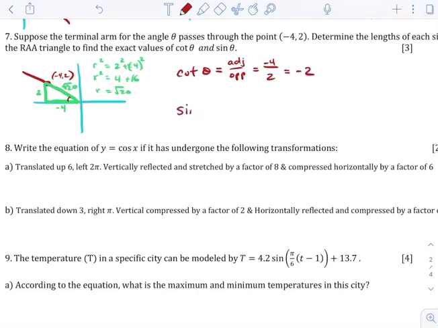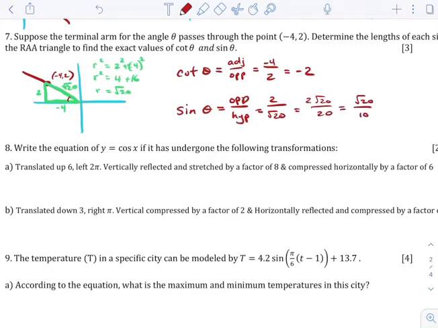Well, how about sine of that same angle? Sine I know is opposite over hypotenuse. So the opposite of that side is 2. The hypotenuse is root 20. And I can rationalize that by multiplying top and bottom by root 20. And I can reduce, 2 goes into the top once, 2 goes into the bottom 10 times.